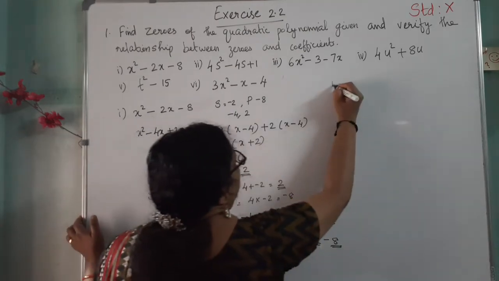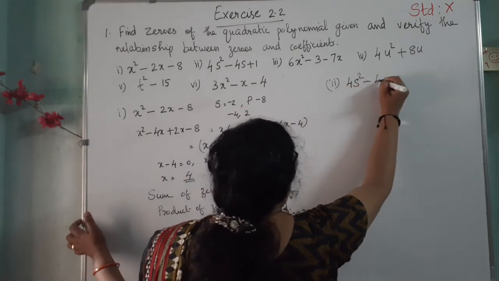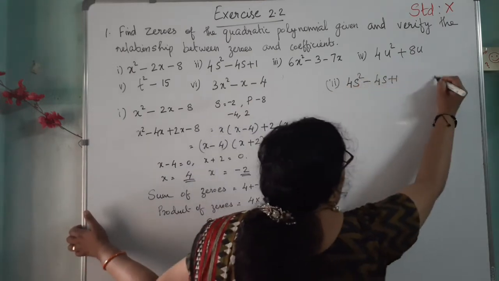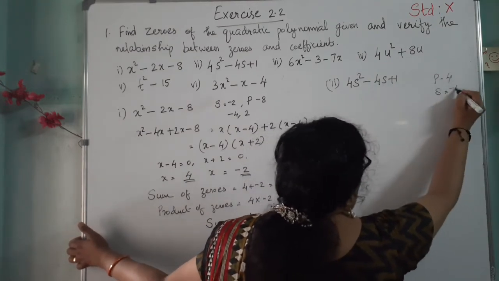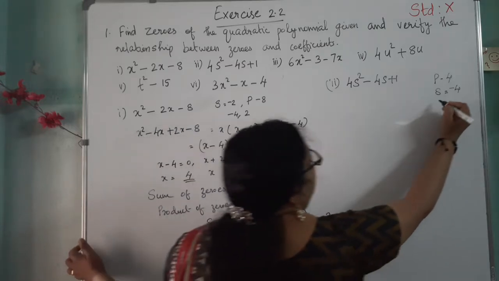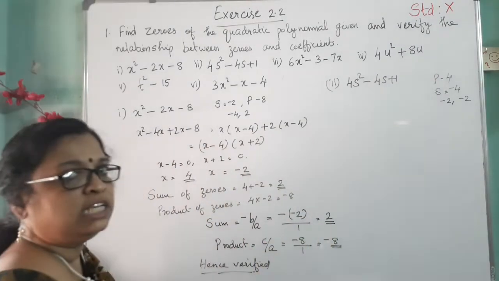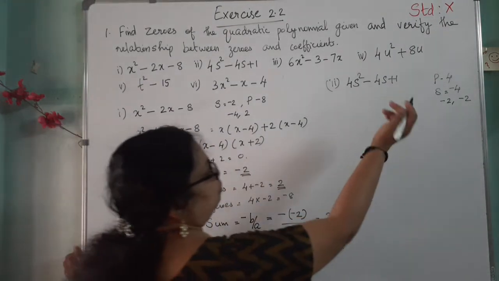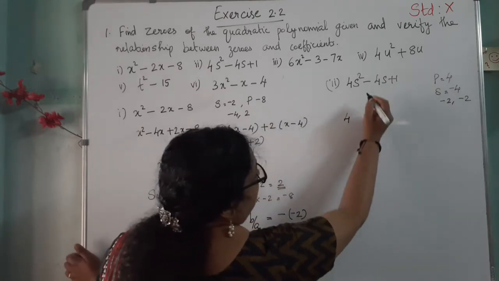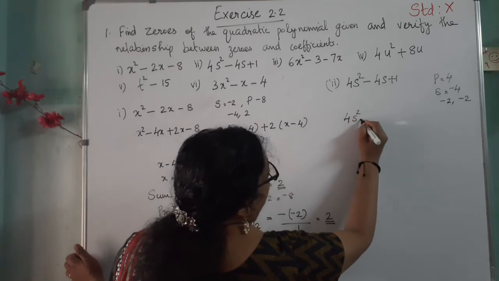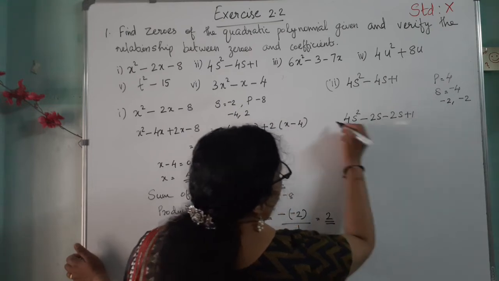Then the second question, that is 4x square minus 4x plus 1. Here the product is 4 into 1, 4, and the sum is minus 4. That is, we get the numbers minus 2 and minus 2. The sum is minus 2 plus minus 2, minus 4, and minus 2 into minus 2 is plus 4. So we can split 4x square minus 4x plus 1 as 4x square minus 2x minus 2x plus 1.